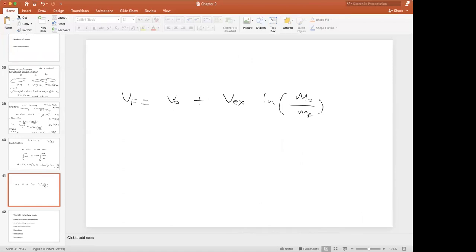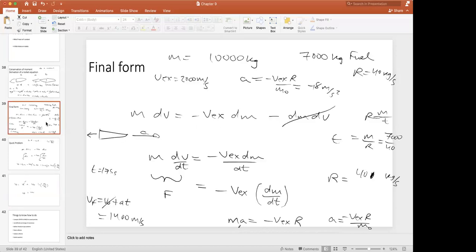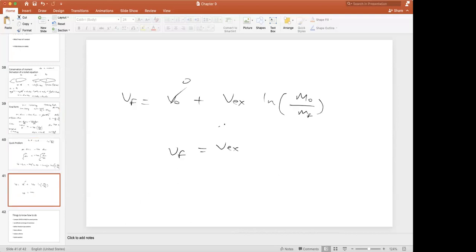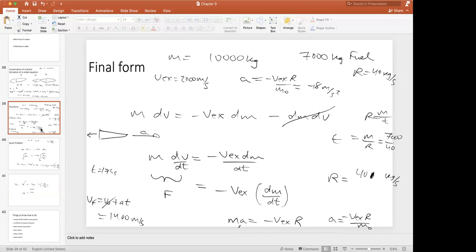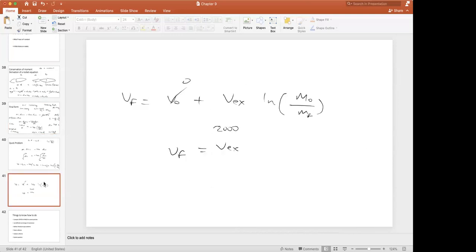Therefore, we're going to assume the initial speed is 0, and what we really want in our equation, we said, what's this? 2,000? So 2,000 is vex ln of m initial over m final.